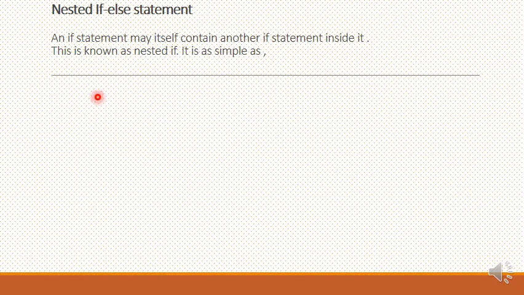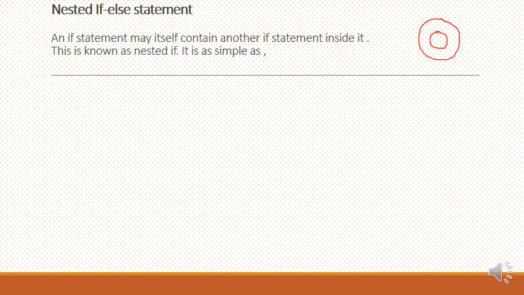Let us see, first, what do we mean by the nested if-else statement? Nested is nothing but one thing present in another thing. That means the same things are present, like one circle present in another circle. So this is one circle, and this is another circle.